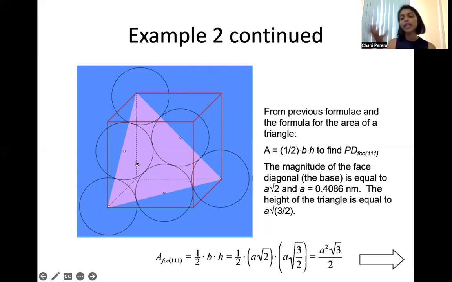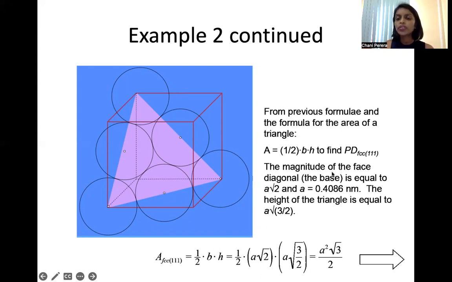To find the planar density, you first have to calculate the area of the surface, and then calculate how many atoms are in that surface. The area of the triangle is half base times the height.